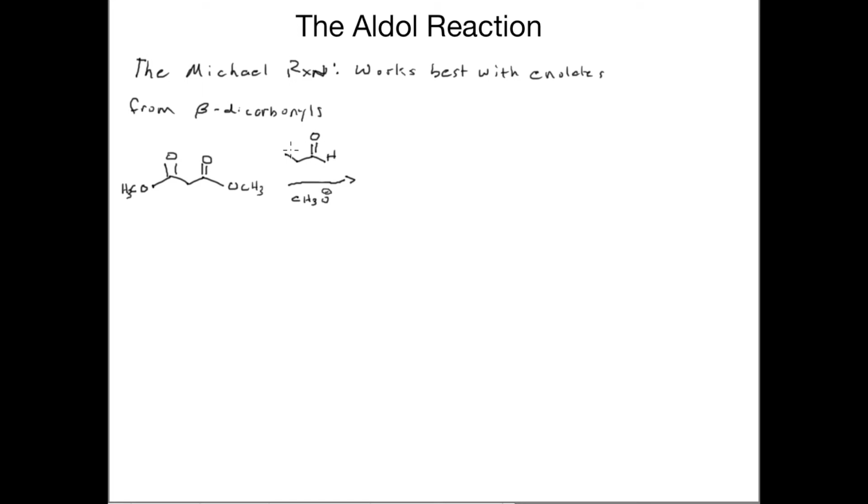I'm going to deprotonate that, and it can actually add in 1,4 addition to this new carbonyl. So basically, this is just like a 1,4 addition that you have already seen. It's going to add in 1,4 fashion here, and we're going to form a new carbon-carbon bond.